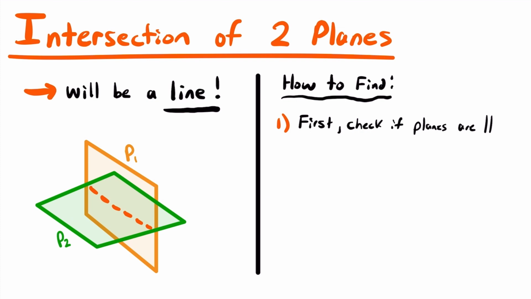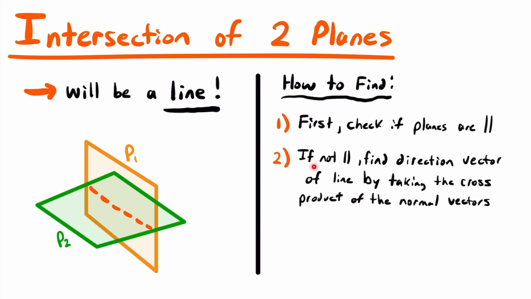And so that leads us to step 2, which is if the planes are not parallel, you want to find a direction vector of that line of intersection by taking the cross product of the normal vectors. All right, and so let me explain why that works, because that seems really random at first. Why are we using a cross product of the normal vectors of these planes? And so let me explain what's going on here.